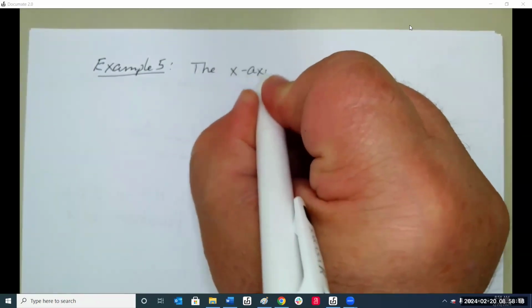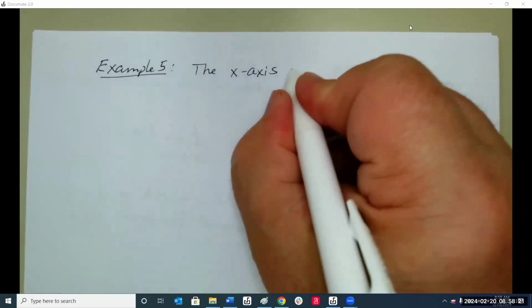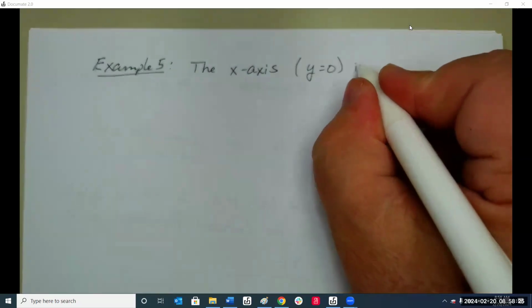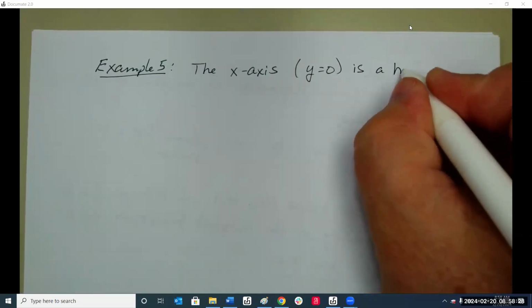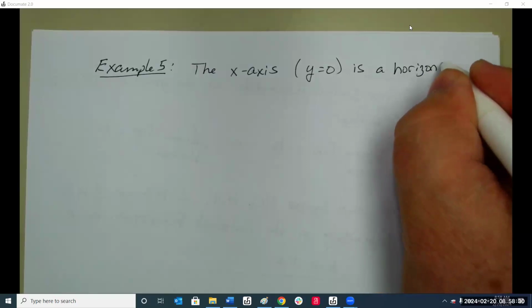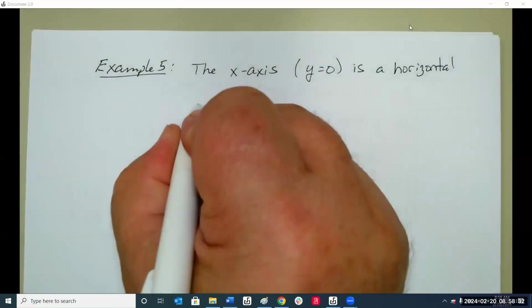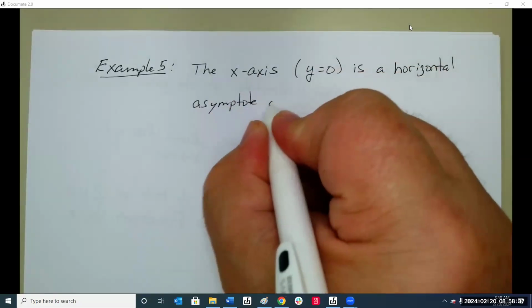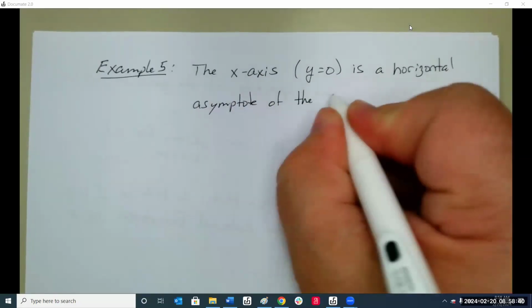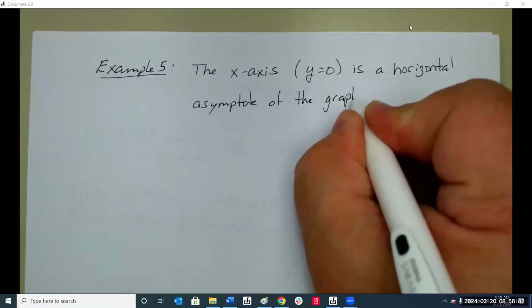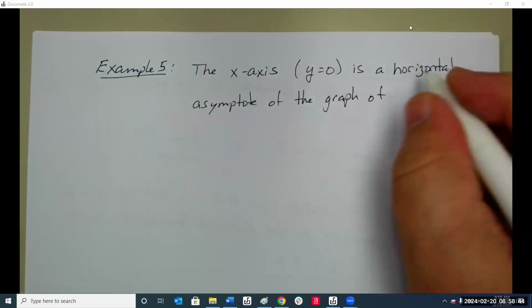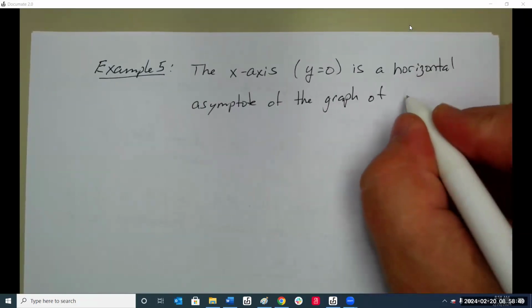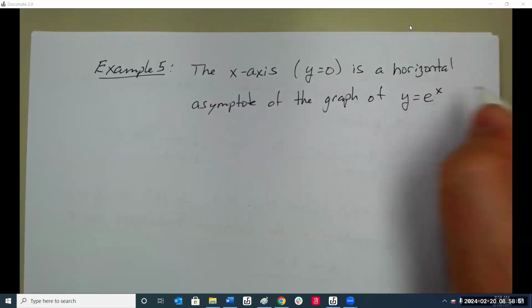The x-axis, the line y equals 0, is a horizontal asymptote of the graph of e to the x.